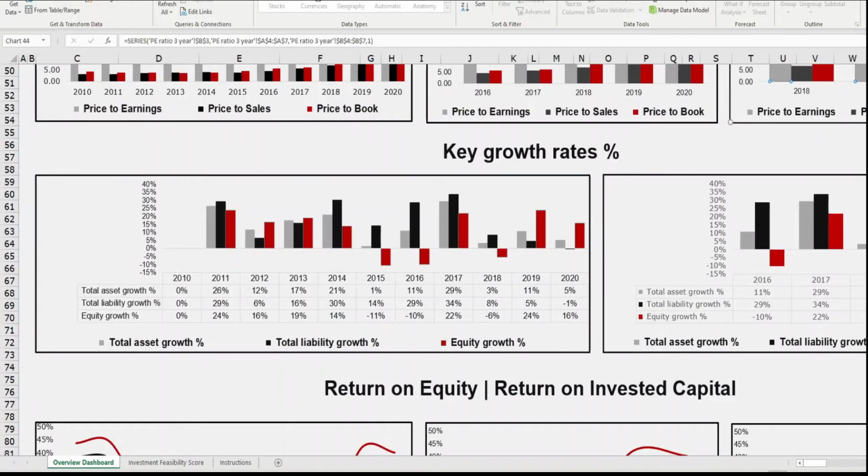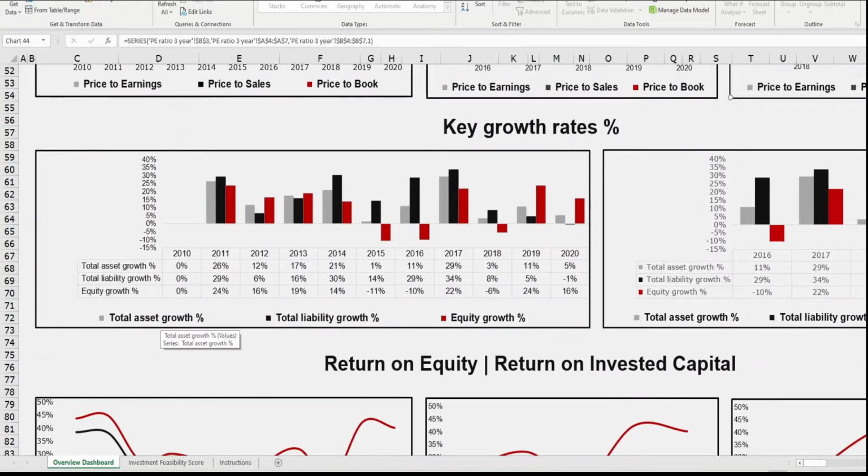And looking at the key growth rates, the total assets growth is shown in gray. Over here we can see that there is not a consistent pattern that we can figure out. It is not like a steady increase or a steady decrease, but it has been fluctuating quite a lot. And the same is the case for total liabilities and total equity growth also.